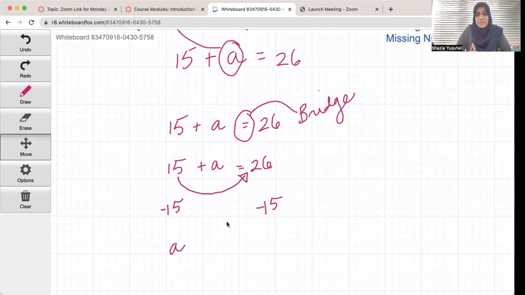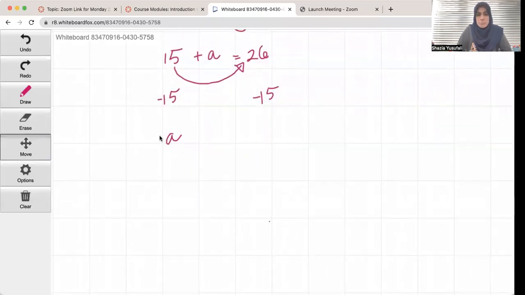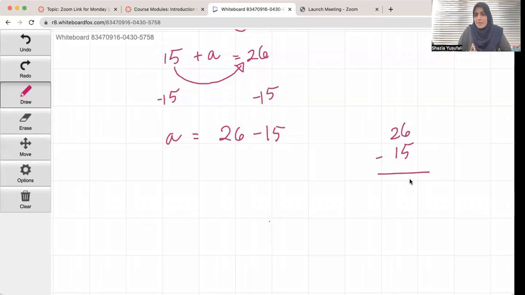Therefore, A equals, really easy, 26 minus 15. So let's do a little bit of figuring things out. 26 minus 15 equals 1 and 1. Therefore, A equals 11, right?